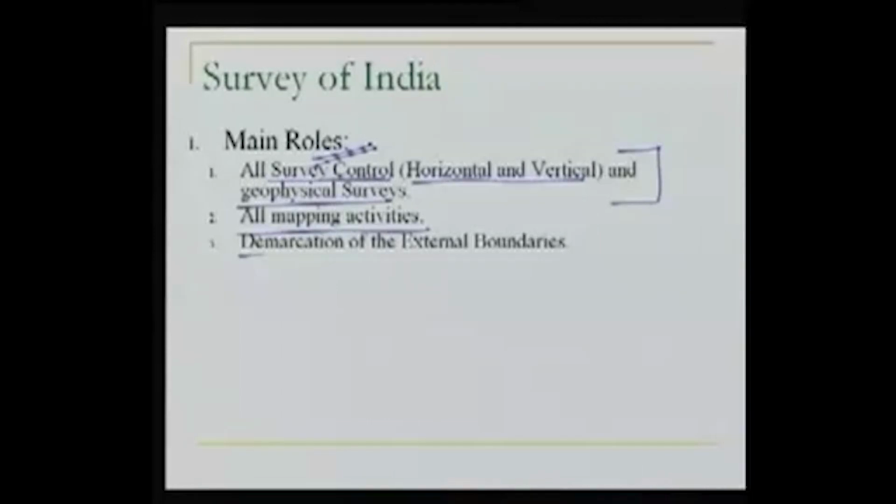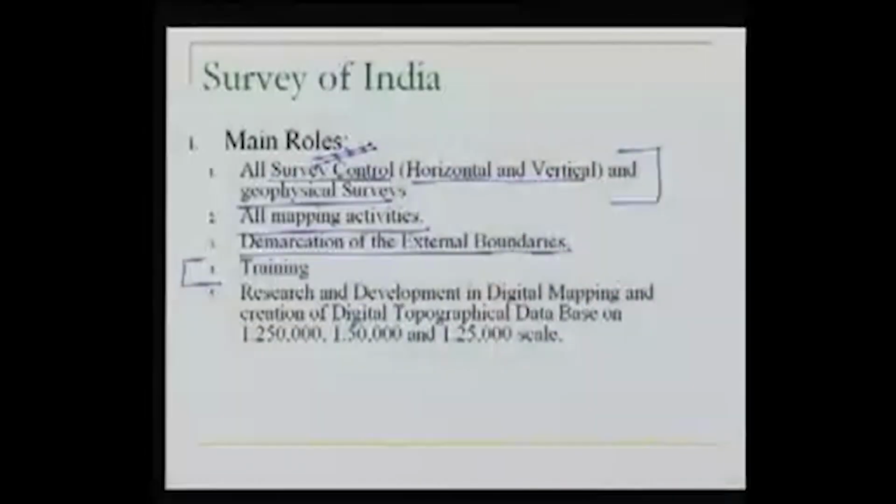Then the responsibility of Survey of India is to demarcate, as we can see here, external boundaries of our country. In addition to this, it also provides training to its own officers, training to people from public as well as to foreigners. It does research and development also.